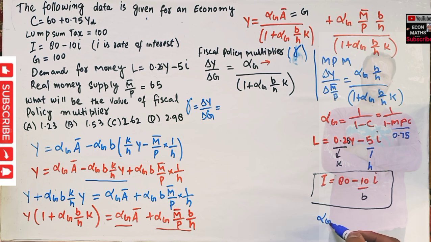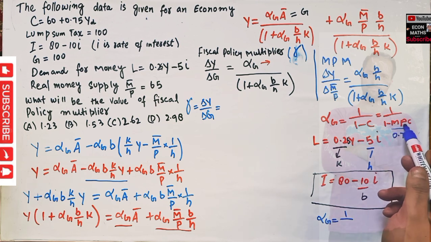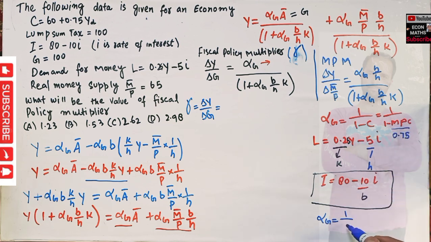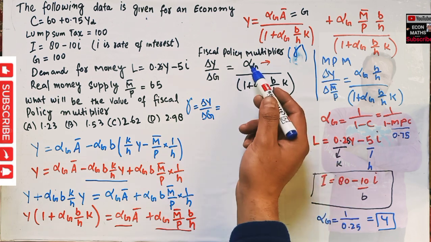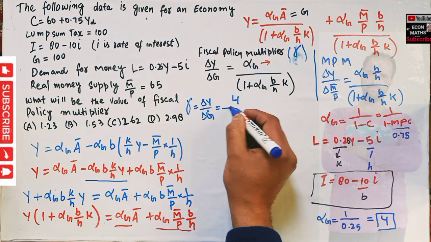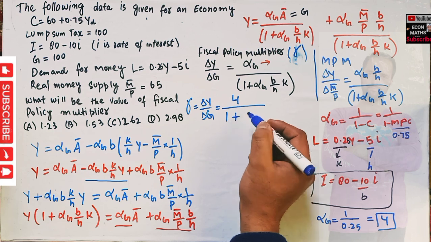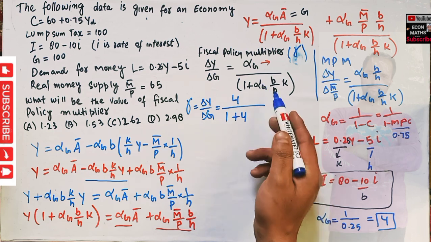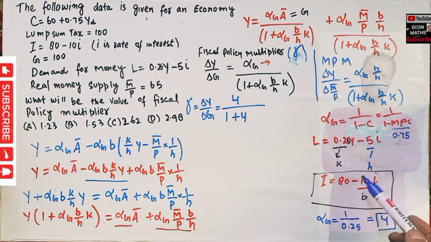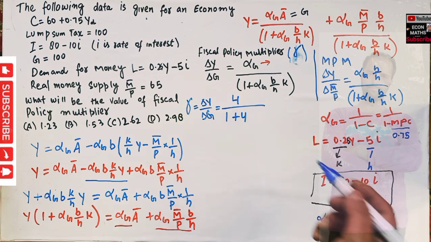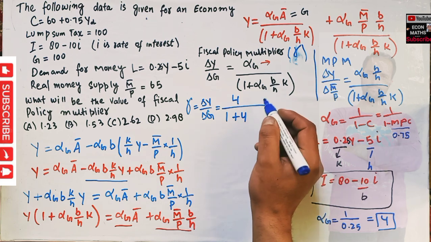So our alpha g is equal to 1 upon 1 minus 0.75. 1 minus 0.75 comes out to be 0.25. That means 1 upon 0.25 comes out to be 4. That means our alpha g, the Keynesian multiplier, is 4. So in place of alpha g I can write 4, divided by 1 plus alpha g, which is 4. What is b? b is the interest sensitiveness of investment, denoted by this very 10. So our b is 10.